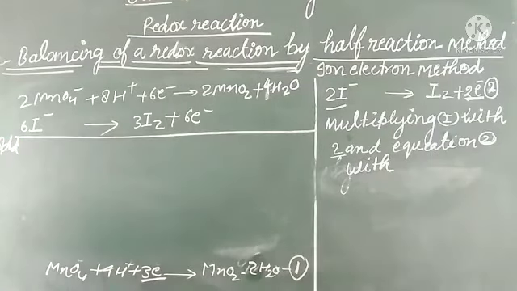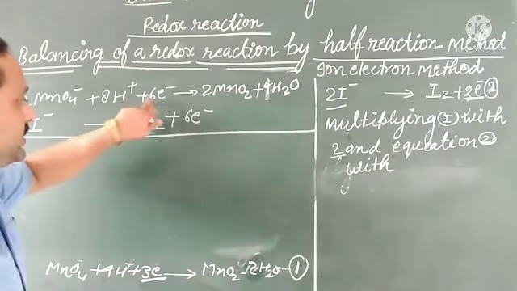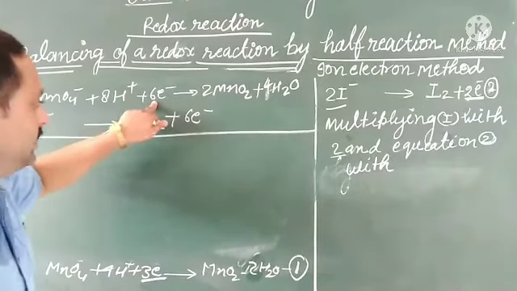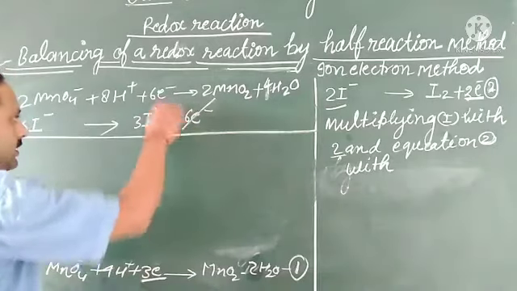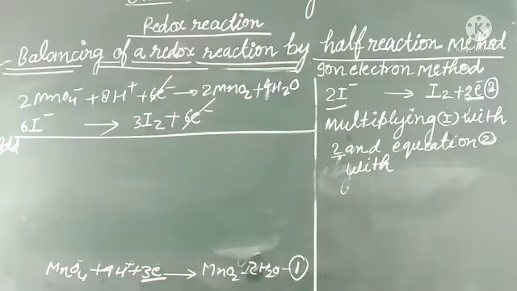So what we have seen here, 6 electrons are on the left side in the first equation and in the second it is on the right side, so they will be cancelled. Next we write what is remaining.